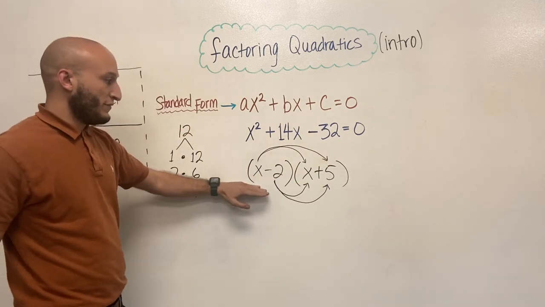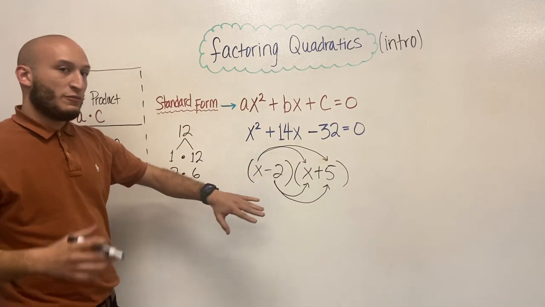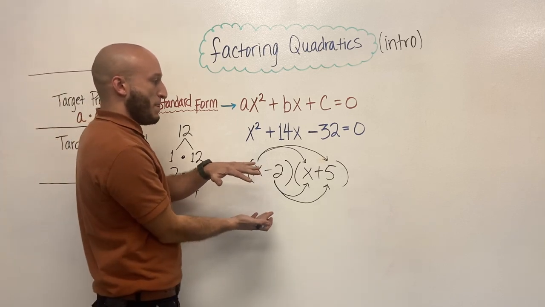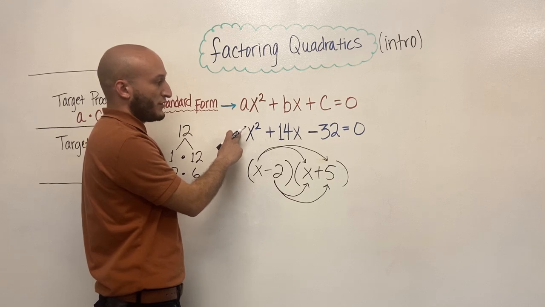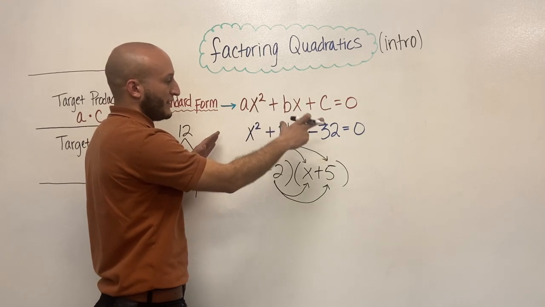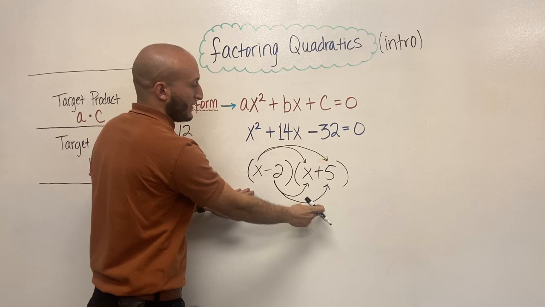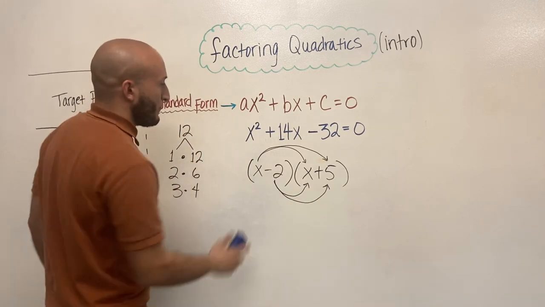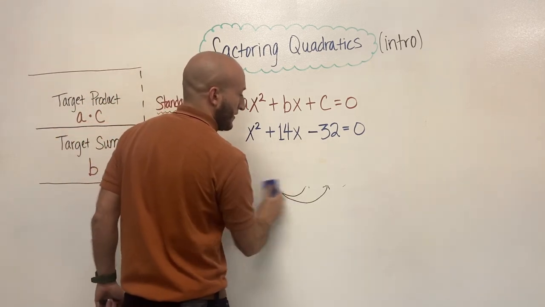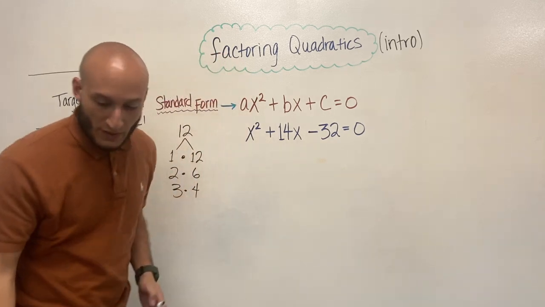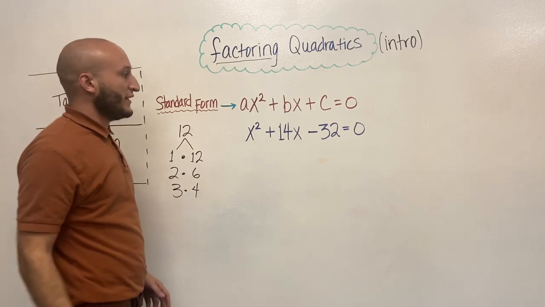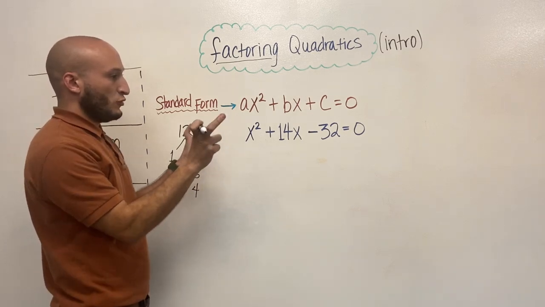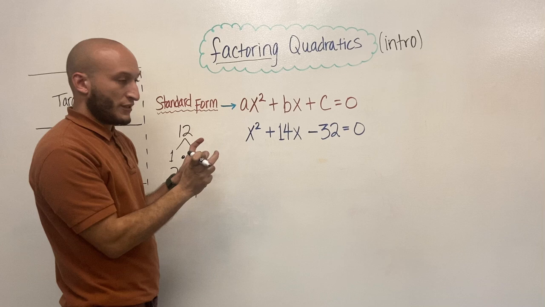So we've done foiling before. Now I'm going to teach you how to go the opposite way. Given the quadratic equation, how can I get it down to factored form? My purpose when I'm factoring is to get it down to two binomials multiplying to each other.